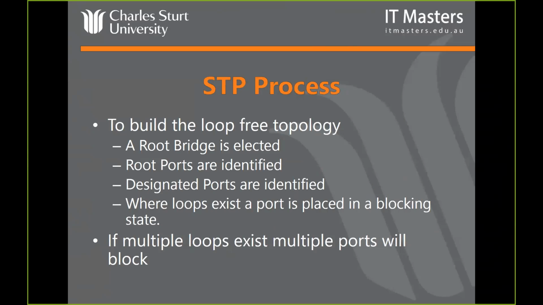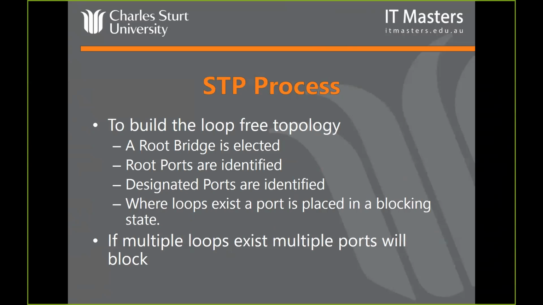Root ports are identified. A root port is simply the port on a switch that is closest to the root bridge. Designated ports are also identified. A designated port is a port on a network segment that is closest to the root bridge. And where loops exist, a port will be placed in a blocking state.